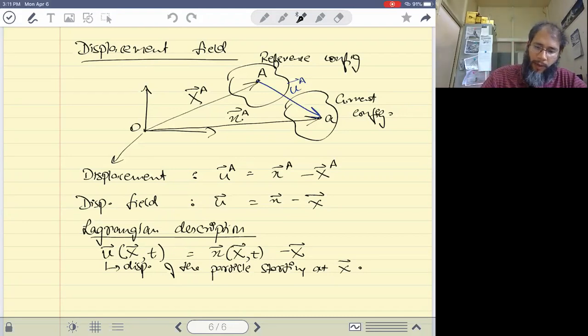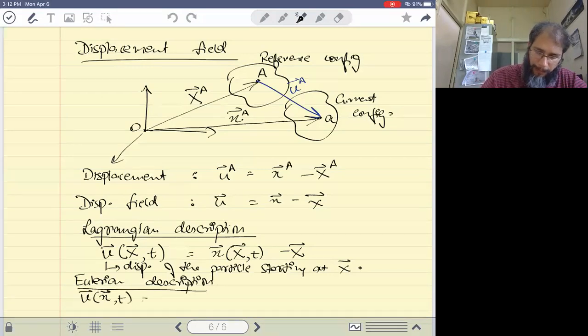And on the other hand, we can have an Eulerian description, which gives U as a function of small x and t.